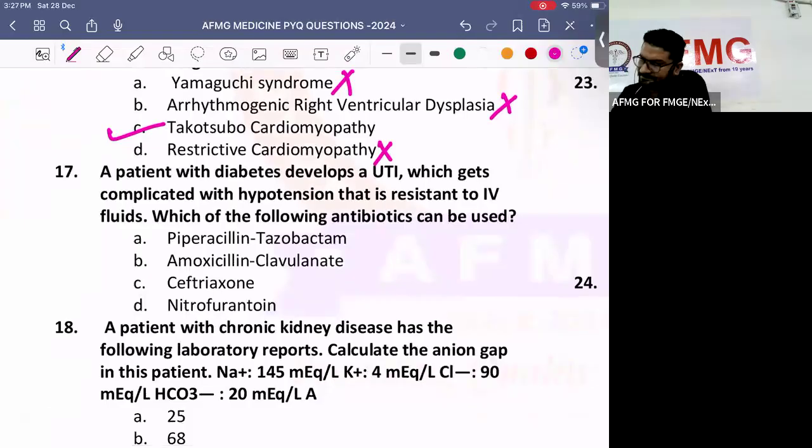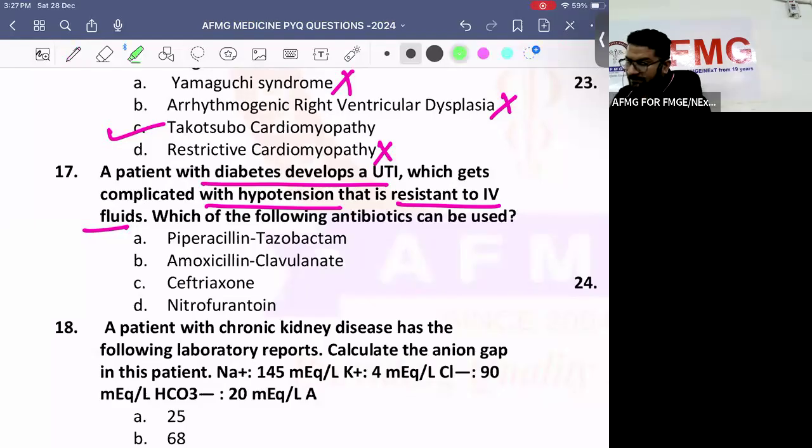Patient develops a UTI which gets complicated with hypotension that is resistant to IV fluid. Why? Hypotension is resistant to IV fluid.